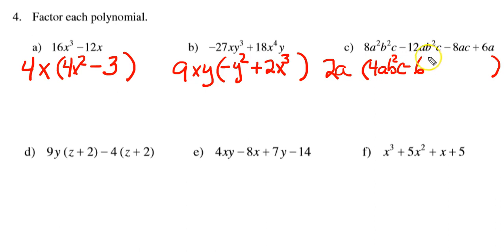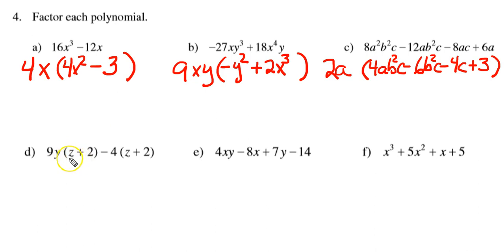The a we've taken out, and we get b squared c minus 4. We've taken out the a, so we're just left with the c. And here we're taking out a 2, so we're left with a 3. We've already taken out the a. Okay, and that's as far as you can go.